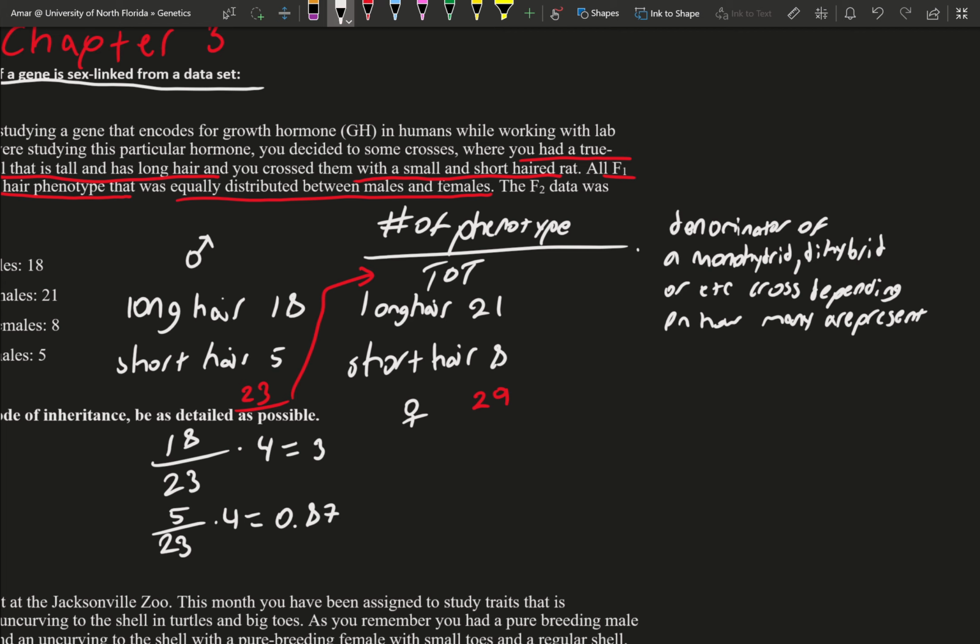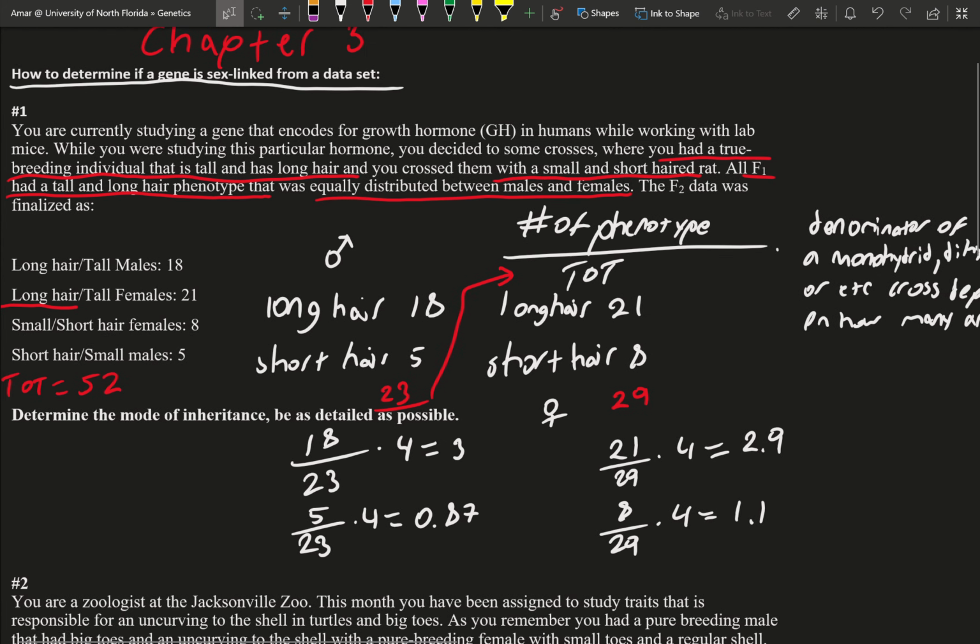So what we're going to do here is 21 divided by 29 multiplied by 4, and then 8 divided by 29 multiplied by 4. So we get something around 2.9, so basically 3. And this is 1.1.